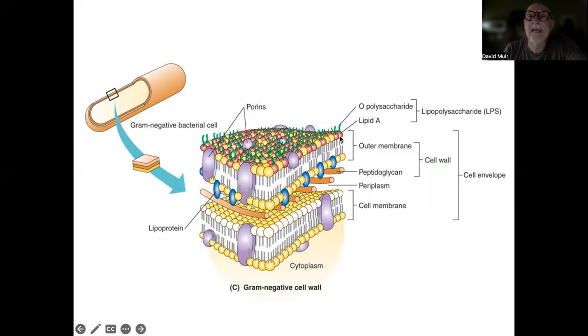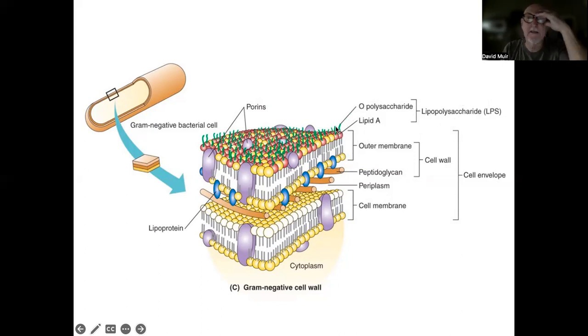And this is not a phospholipid, but it is a lipopolysaccharide lipid there, and then a head here with many very complex polysaccharide sugar groups attached to the head. So this is called a lipopolysaccharide. It's lipid there with polysaccharides attached.